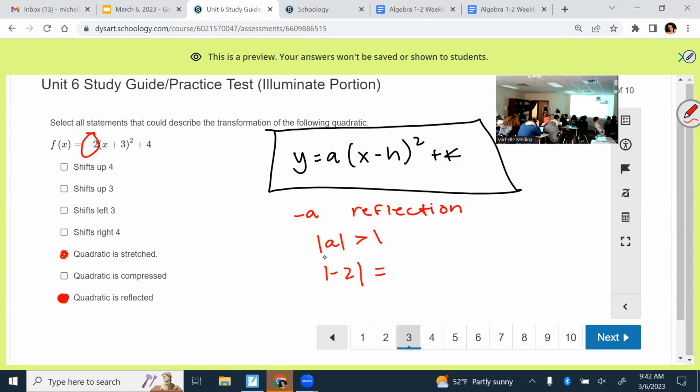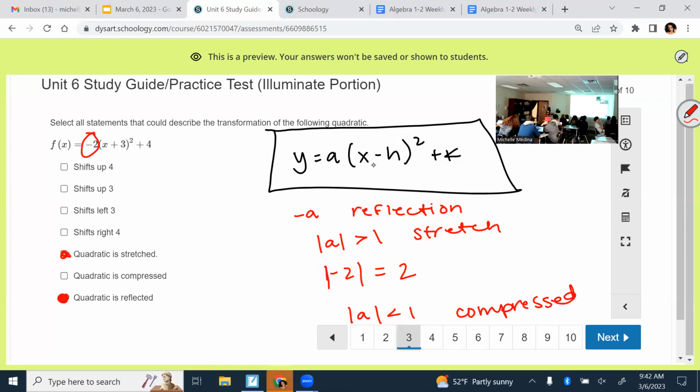But the absolute value of -2 is what, class? 2. So if that's greater than 1, then it's a stretch. If it's smaller than 1, like, for example, 0.5, 0.75, 1/3, something like that, then that would be compressed. So this one has an absolute value of greater than 1 and is stretched.